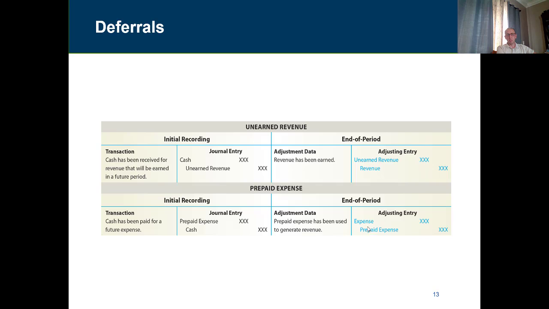So in this case, we debit the expense, let's say supplies expense, insurance expense, whatever kind of expense we incurred, and then we reduce this asset by recording the prepaid expense on the credit side. So that's how we make the adjusting entry. Notice, here we had cash because that was a real transaction. But for the adjusting entries, we never have any kind of cash involved. And again, one is an income statement account and the other is a balance sheet account.